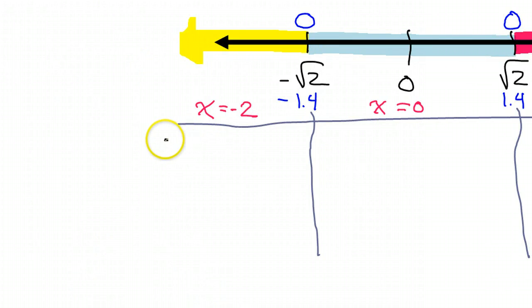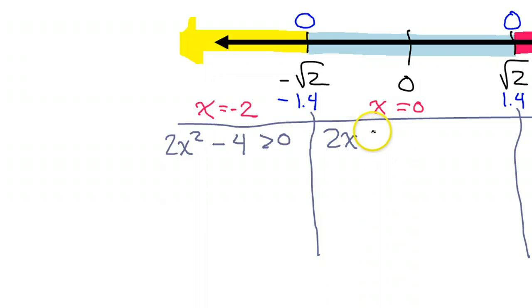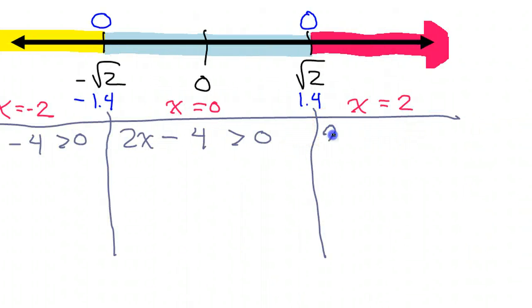I'm just going to put that in all 3 places. Oh, that's supposed to be squared. 2x squared minus 4 is greater than 0.